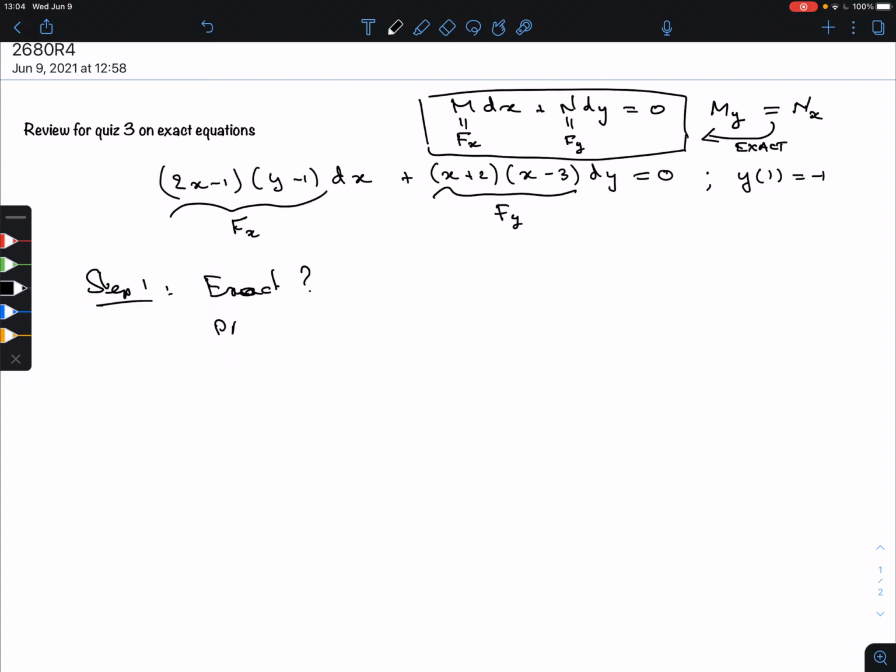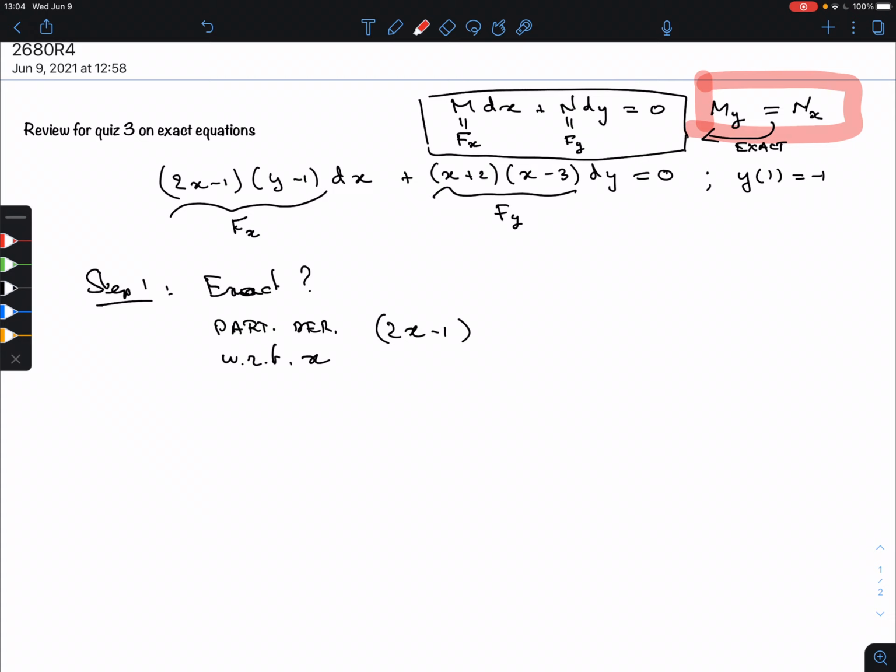We have to take the partial derivative with respect to x of 2x minus 1, I say it wrong, right? This is what I have to verify. Let me box it here a little bit.